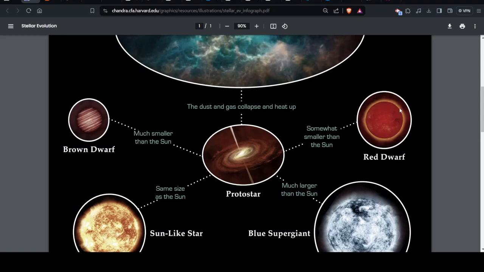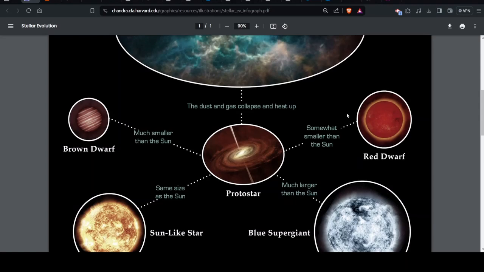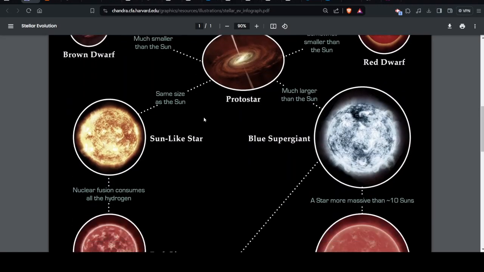I don't want to say they're not exciting, but you don't get into the fusion of stars. You don't get the big explosions and all the fun stuff. So those are your two cases. If you're much smaller than the sun, you go brown dwarf. If you're just a little bit smaller than the sun, you go red dwarf. If you're roughly the same size as the sun, we call that a solar-like or sun-like star. And then the protostar follows this track off here to the left.